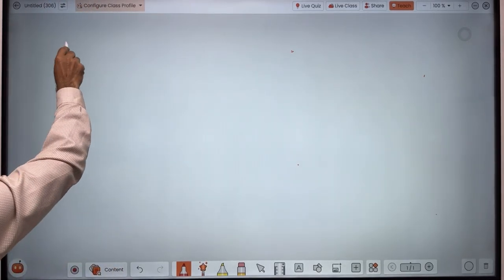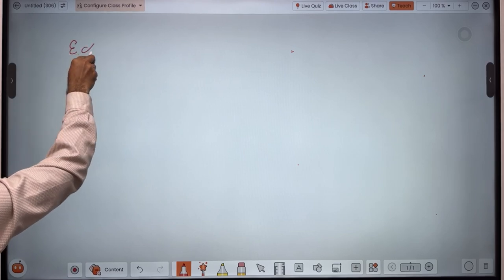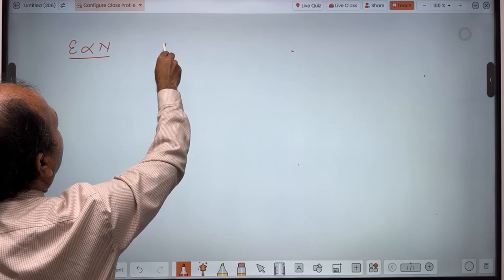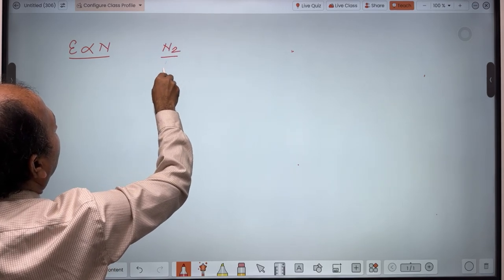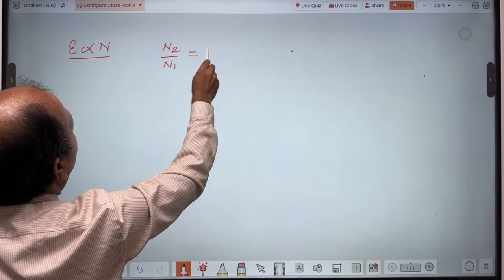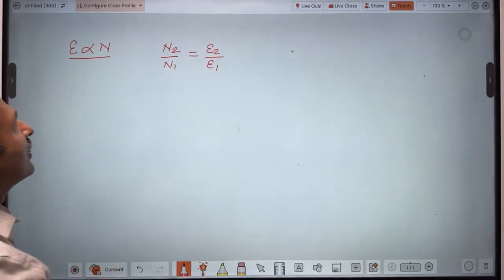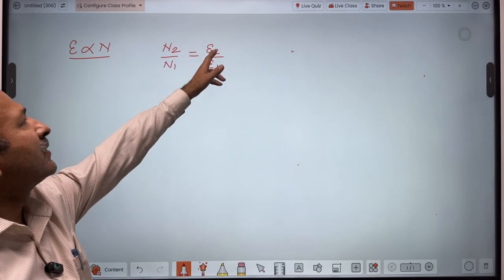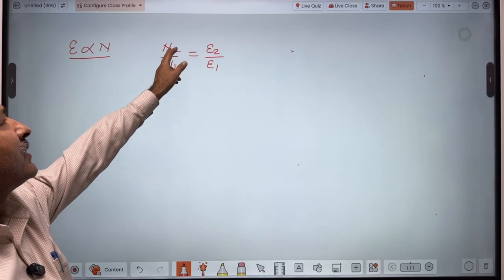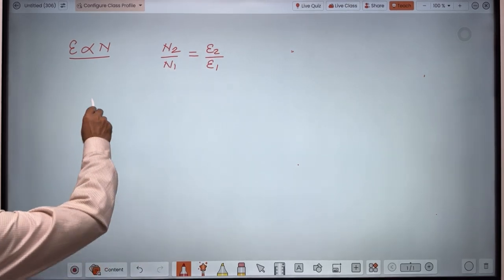So relation between voltage and turns is, here E is voltage, proportional to N. So we write N2 upon N1 is equal to E2 upon E1, right? Voltage in the secondary upon voltage in primary. Number of turns in secondary divided by number of turns in primary.